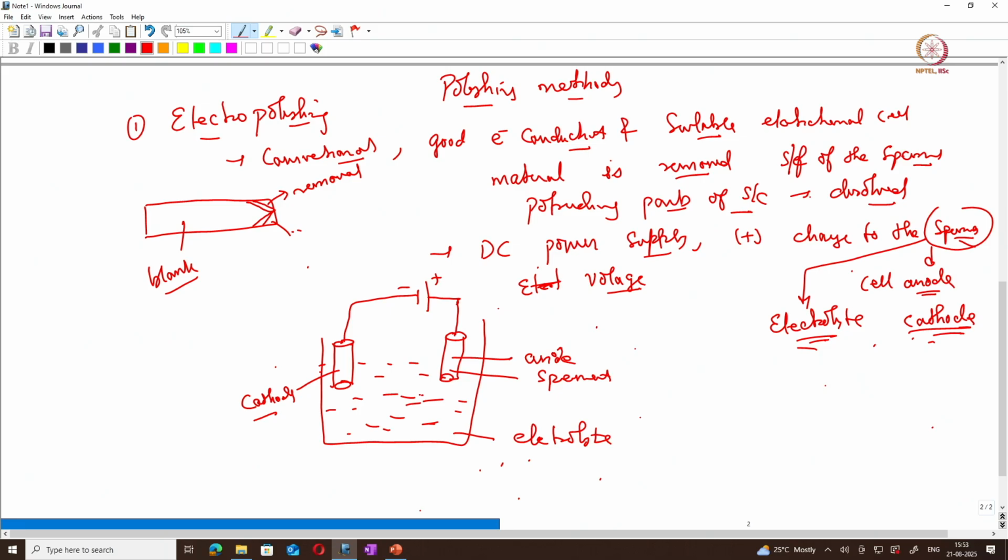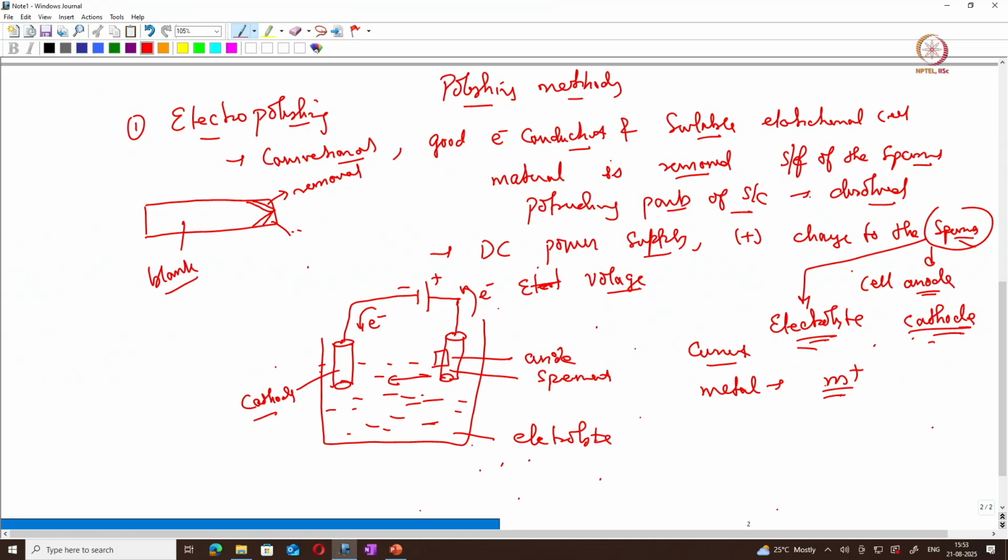Okay, when you pass the current, the electrons will travel along in this direction, towards the positive. Correct? So with this process, what will happen is at the surface of the specimen, the metal gets converted to metal ions, and these metal ions start moving towards the cathode.